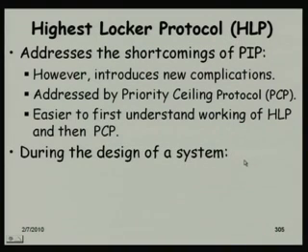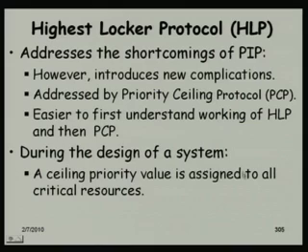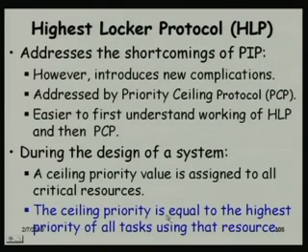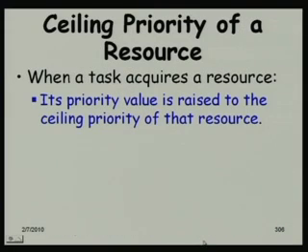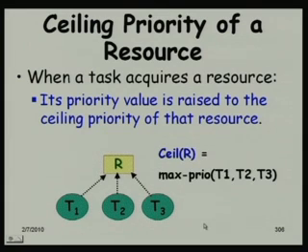So, during the design of the system, a ceiling priority is assigned to all critical resources that we had seen, and the ceiling priority is equal to the highest priority of all tasks using that resource. So, for every resource R, we will find out which tasks might use the resource.